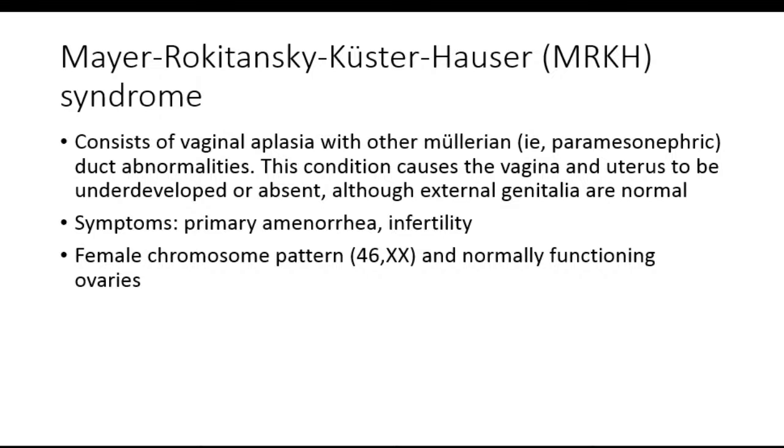Usually these patients come to the office with primary amenorrhea. If the patient is married, she may complain of infertility also. Usually those patients have a normal chromosomal karyotype, and their ovaries function well.